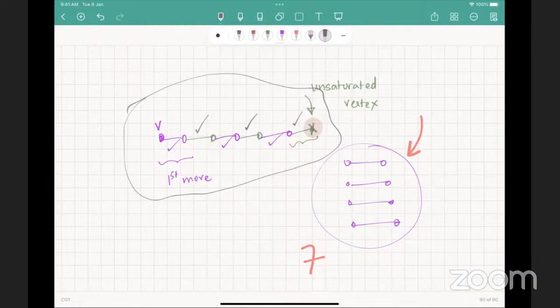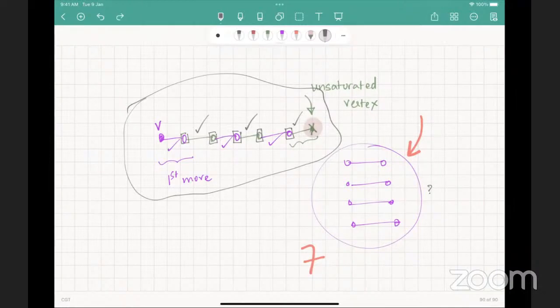So between them, there are no violations, and none of them will overlap with the remaining 4 edges of the purple matching, right? And that's clear because all of these vertices here were anyway saturated by M, so they're not going to show up again here. And this fellow is anyway outside, so that's again not a problem, right?